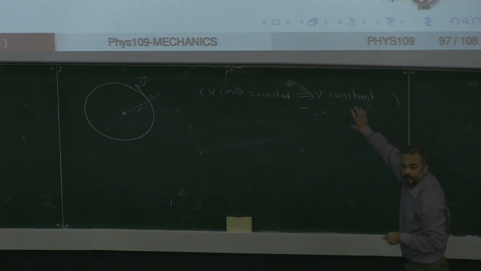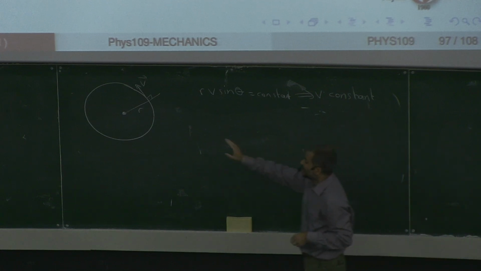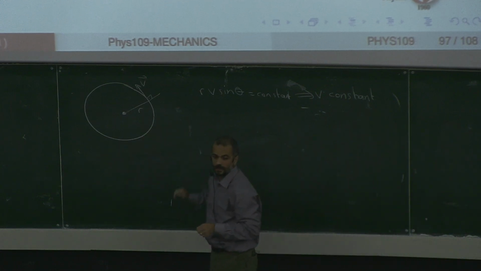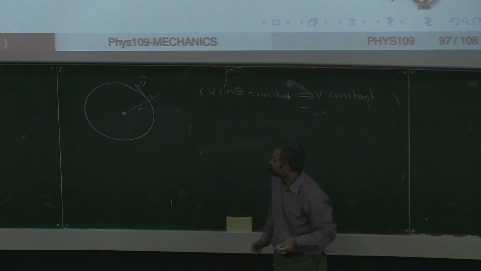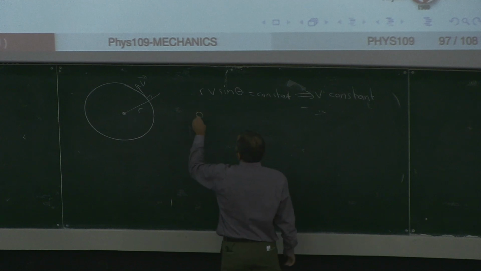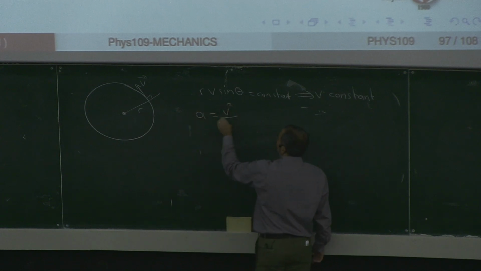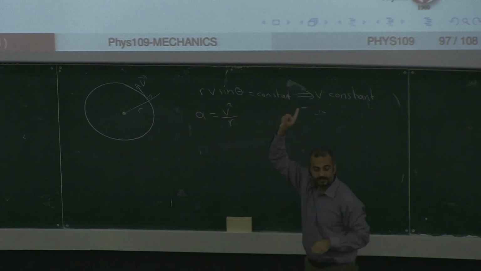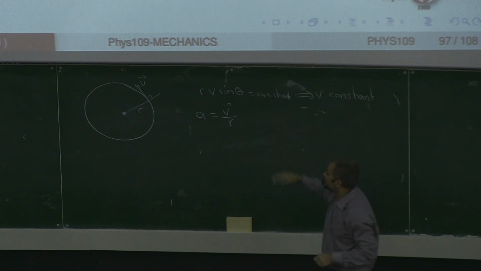Okay, so that is one thing we know. We have a uniform circular motion here. Well, if we have a uniform circular motion, we know the acceleration is v squared over r. But let's just use Kepler's law. Let's keep this in mind.